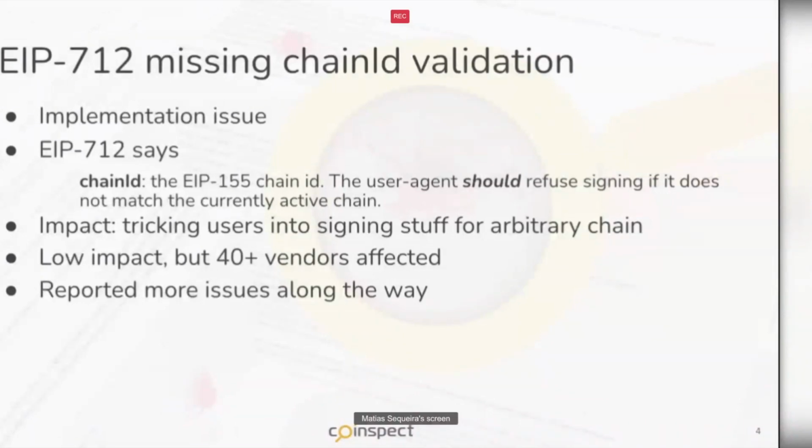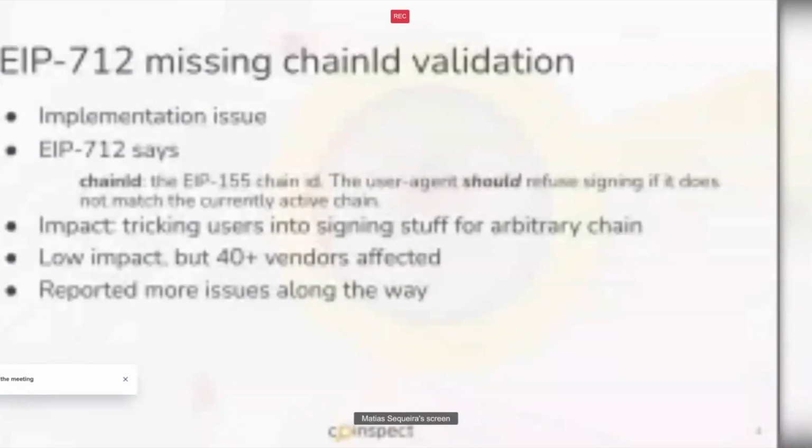Let's say I'm using my wallet in the Ethereum network, and a malicious app could have requested a signature of an EIP712 object for, let's say, the Arbitrum chain. Unless I'm an expert at chain IDs, I couldn't have noticed this problem, and could have signed this EIP712 object, which could have allowed the attacker to obtain, let's say, a permit for another chain than the one I selected.